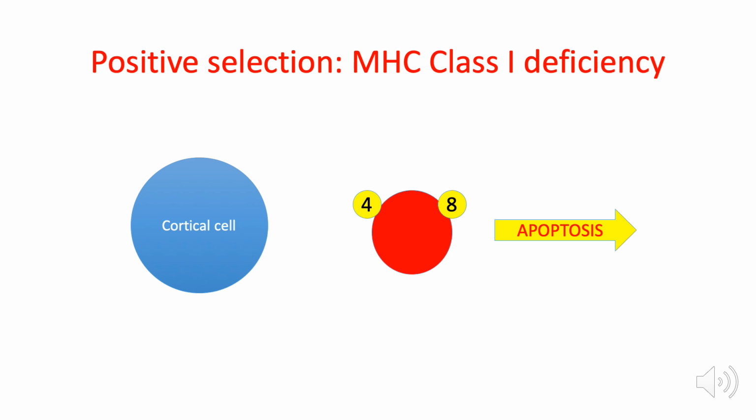And the thymus will think that this double positive thymocyte or T cell is defective. And this double positive thymocyte or T cell will be subjected to apoptosis. Thus, none of the double positive thymocytes or T cells will give rise to the CD8 positive T cells or T cytotoxic cells. And that will explain now why people with MHC class 1 deficiency will have low CD8 T cell count.